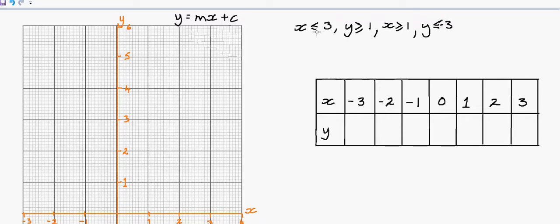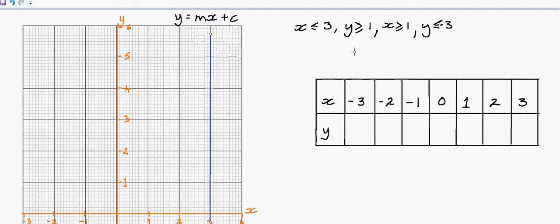Okay, now x equals 3 anywhere on that line. Okay, and I'll do it in another colour. So anywhere on this line x equals 3. Okay, y is going up and down like there's no tomorrow, but anywhere on this line x equals 3.